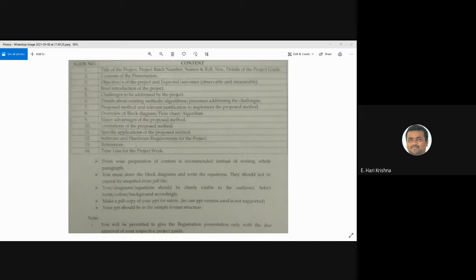Then, Rahul, please tell me what is the next one I should discuss. Sir, proposed method and justification, sir. Yeah, proposed method. Here we have not finalized that yet. When you have the presentation, actually? Sir, 17th, sir. 17th, so it will be on Friday.